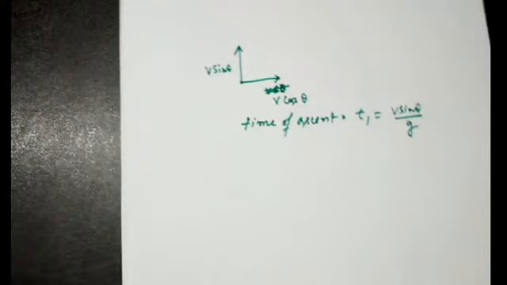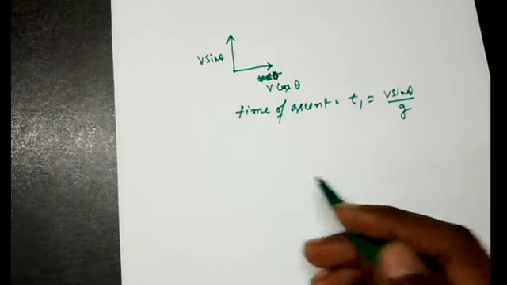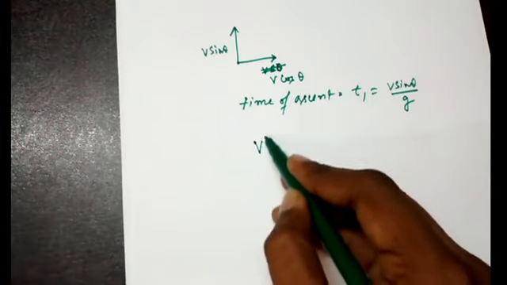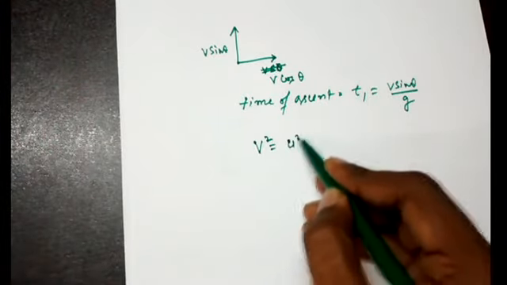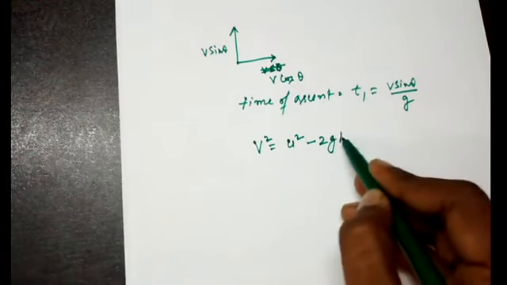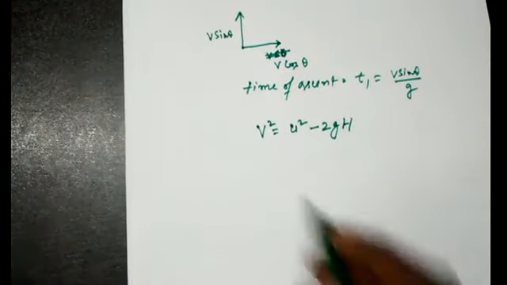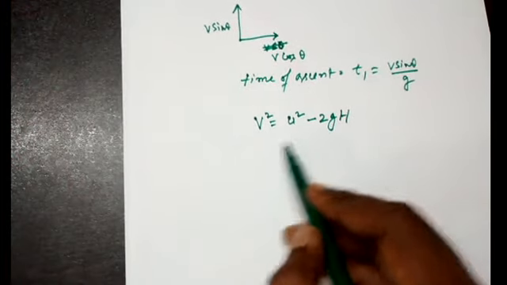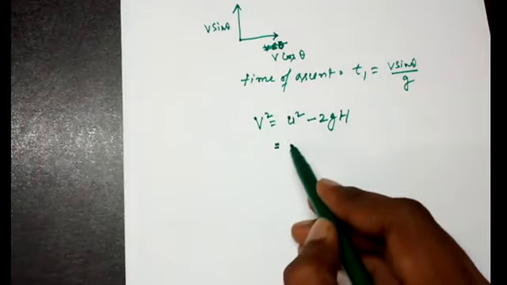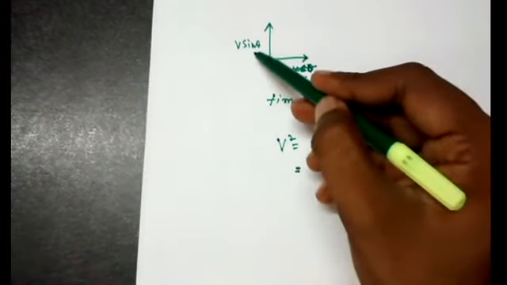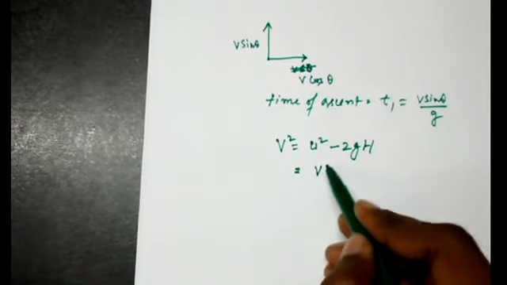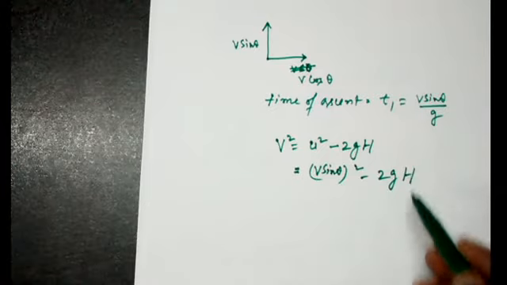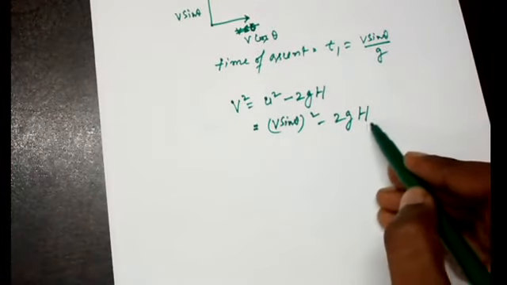This is the time taken. Again we know from the motion formula that v square is equal to u square minus 2gh, where h is the height attained. V is the final velocity and u is the initial velocity. The initial velocity in upward motion is the component v sin theta. So v square equals v sin theta whole square minus 2gh. We have to find the value of h.